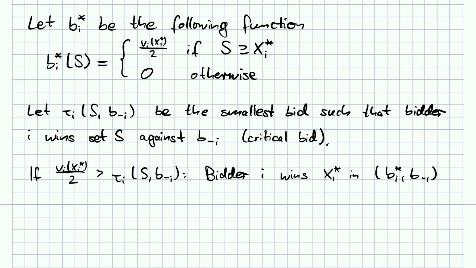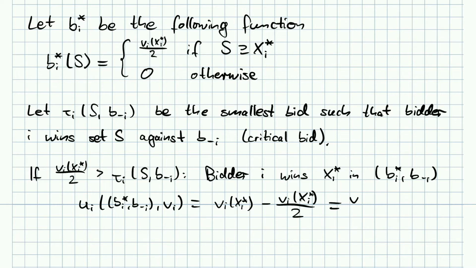And what we'll have is that the utility with bi star, when the others are bidding b minus i and my value is vi, will be equal to my value for that set minus my value for that set divided by 2, so my value for that set divided by 2.